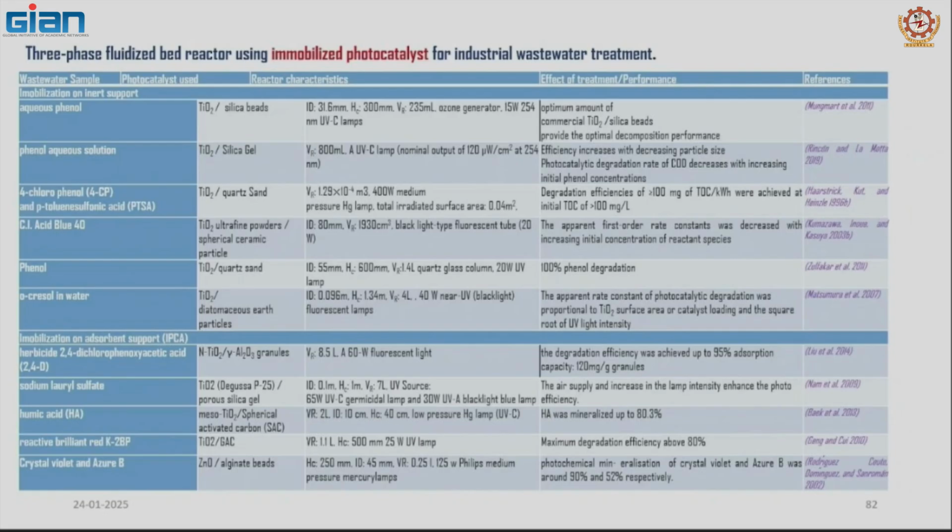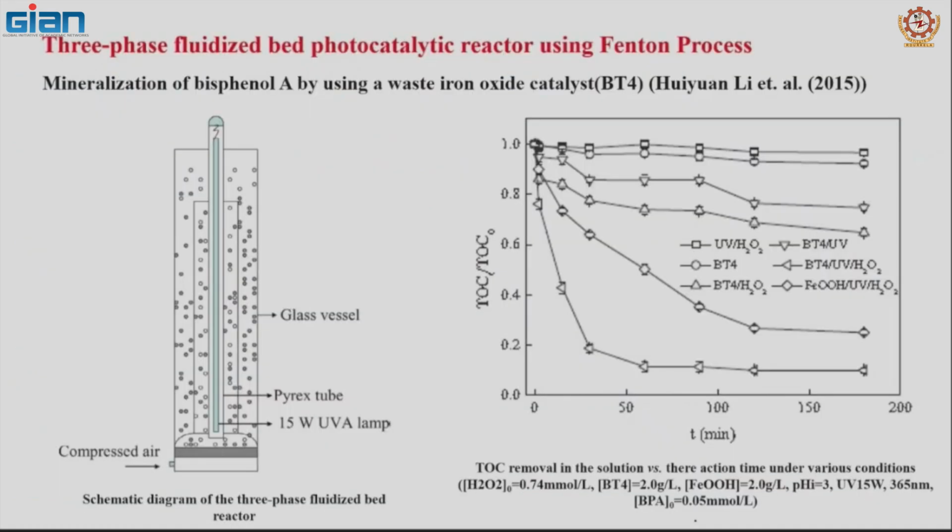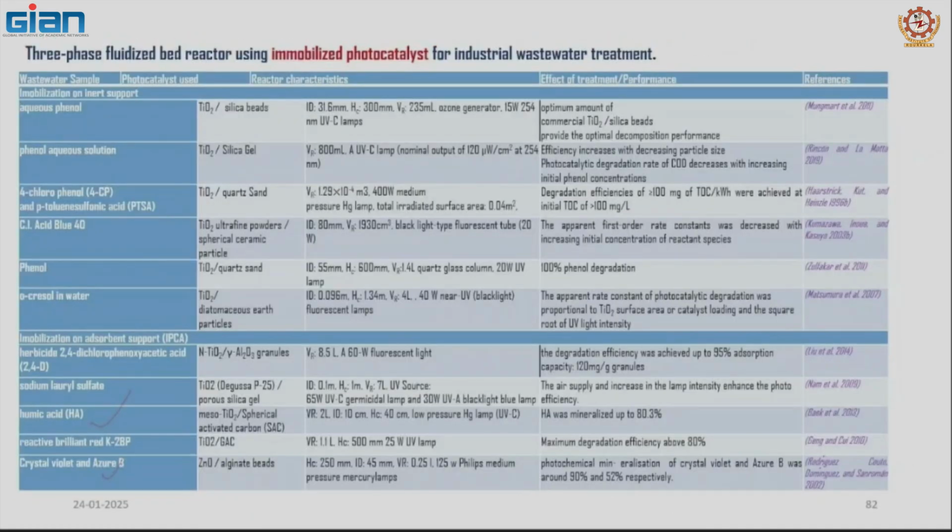Phenol, crystal violet, humic acid, so many other chemicals have been degraded using this, and you see almost 100% degradation is achieved for many of these pollutants.